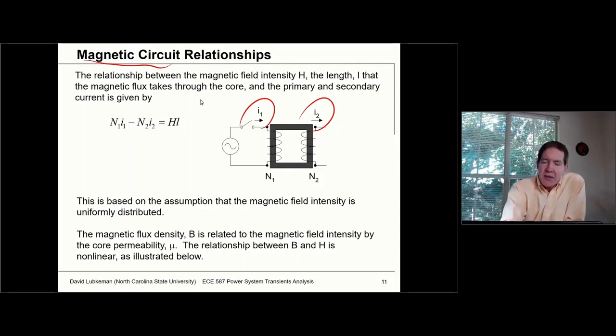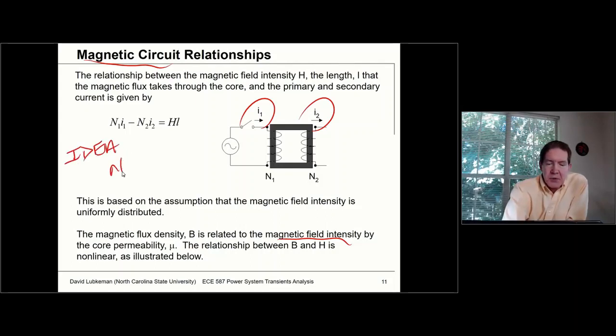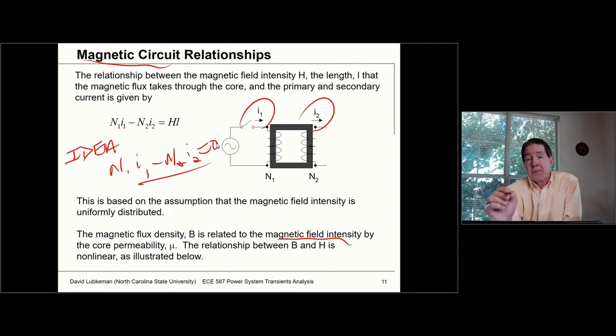This term H is what we refer to as the magnetic field intensity. If this transformer were ideal, N1 times I1 minus N2 times I2 would be equal to 0, right? So what this non-ideal relationship represents is the fact that I've got to have some current flowing in order to magnetize this core.